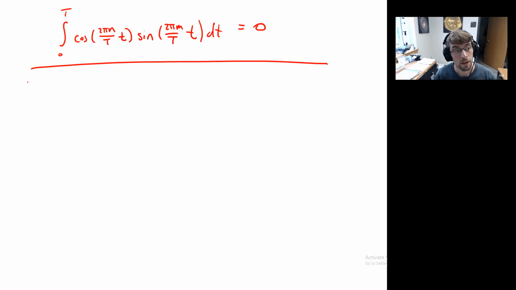So any repeating function, if your function repeats, if it is periodic, then we can represent it as a linear combination of sines and cosines.